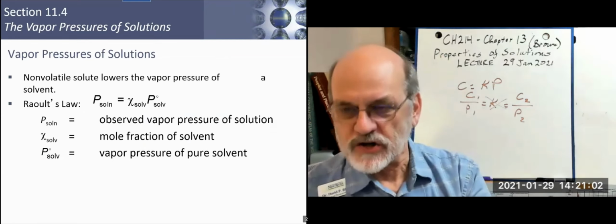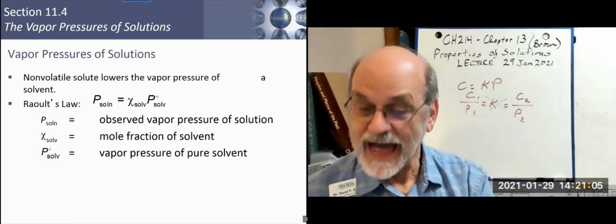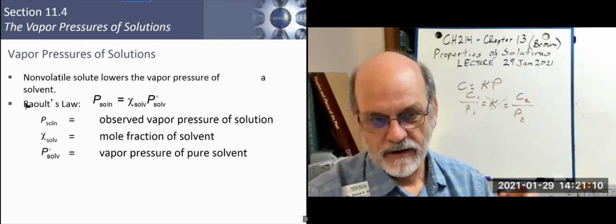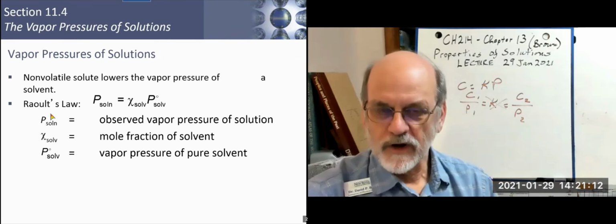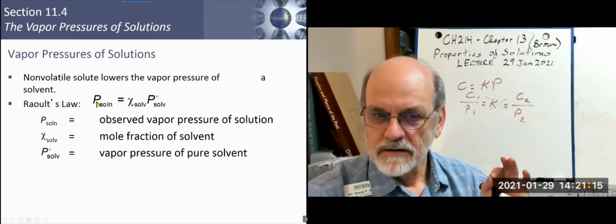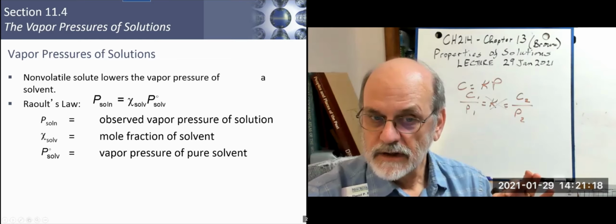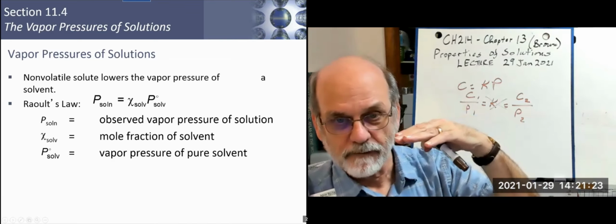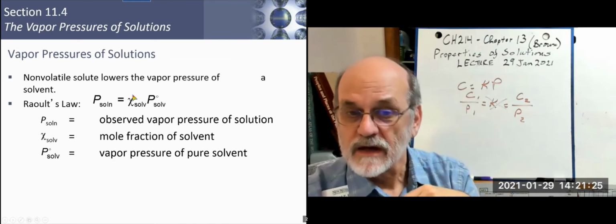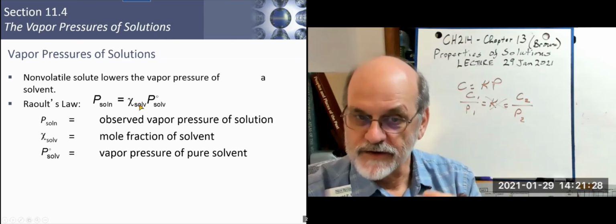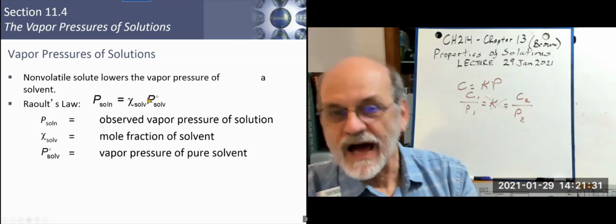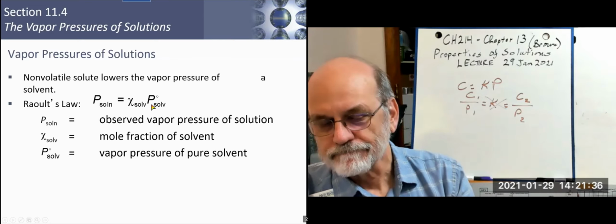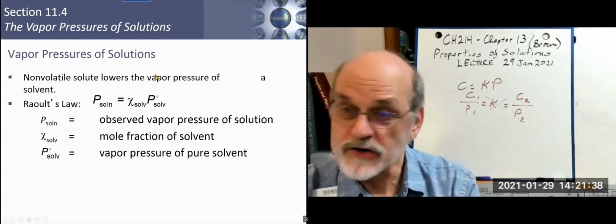So here's an expression of why that happens. This is Raoult's law, R-A-O-U-L-T. Raoult's law says the vapor pressure of the solution above the solution in a closed container is proportional to the mole fraction of the solvent times the vapor pressure of the pure solvent.